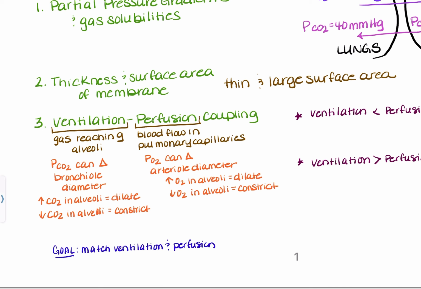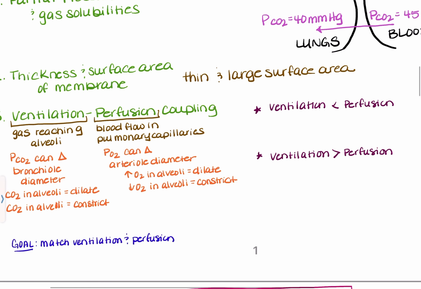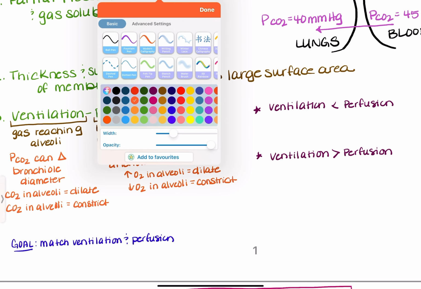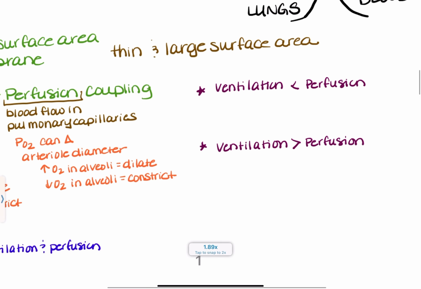Okay, now that we have this information, let's do a couple examples, or talk through two situations in which we would need to alter either perfusion or ventilation in order to match them together. So let's talk about a scenario in which our ventilation is less than our perfusion.